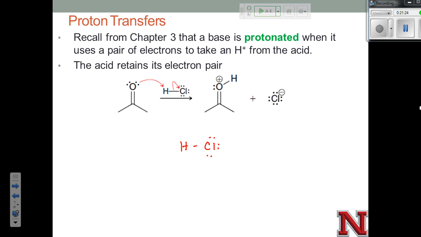Let's say it attacked here. That would form this. And that would leave my chlorine with a positive charge. That's pretty unlikely. So instead, the part that can react is our proton. That's where our reactivity is.